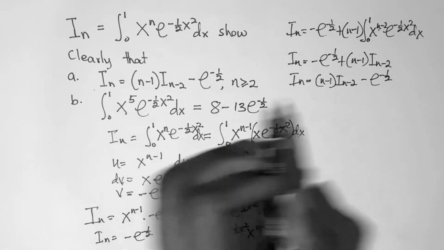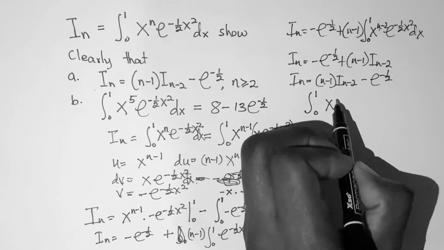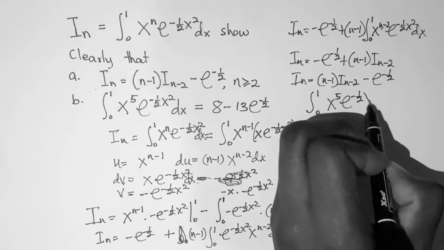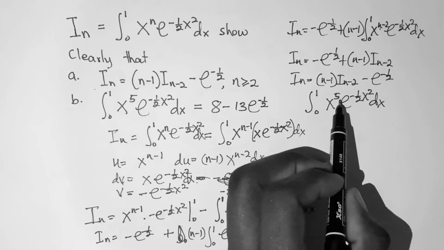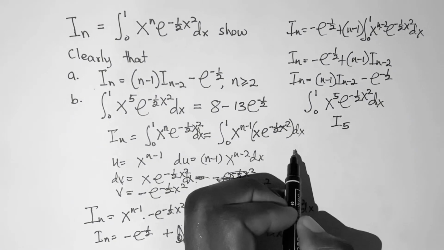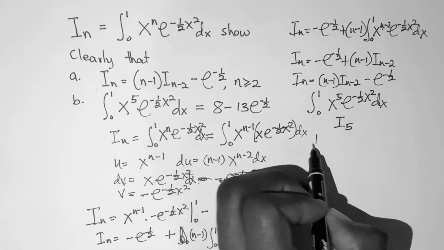Now, the next thing is that it says we should evaluate the integral from 0 to 1 of x^5 e^(-1/2 x^2) dx. So you can see that in this case, n is equal to 5, and we are talking about the case of I5. So now, let's put I5 in the reduction formula.